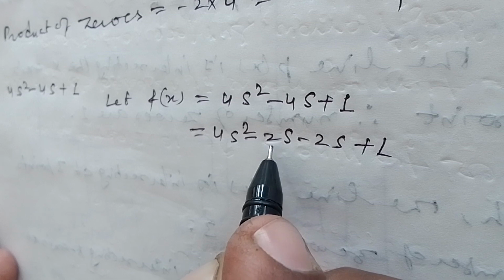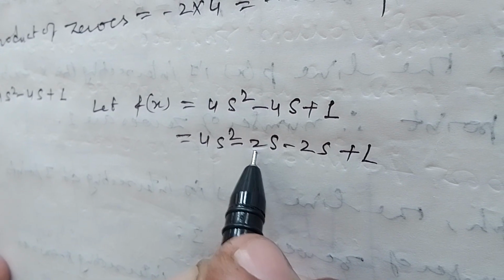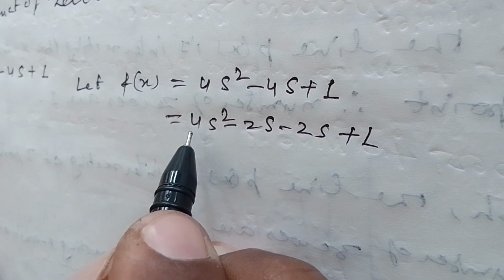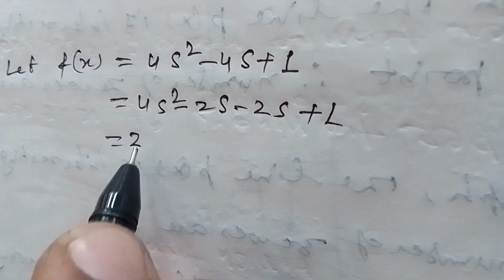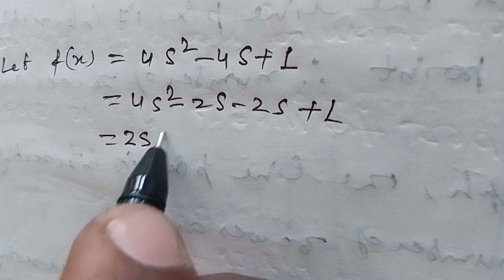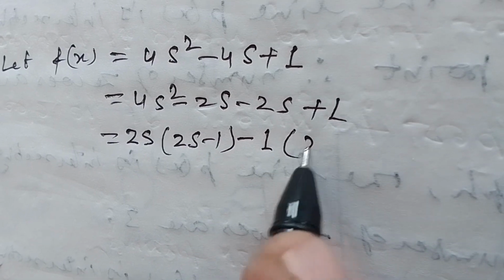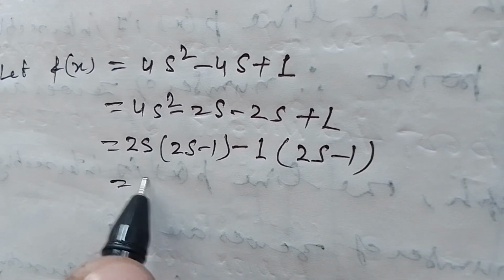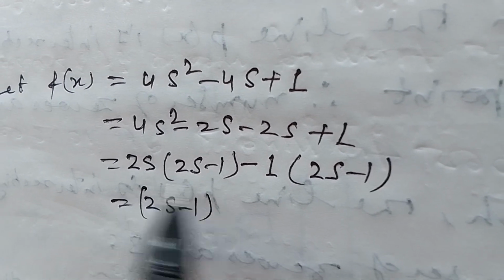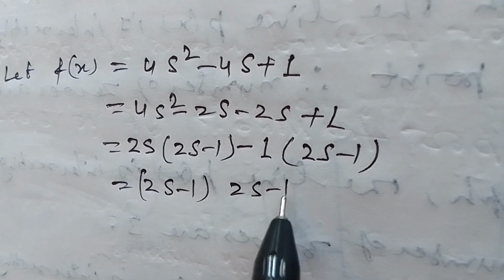The sum of these, minus 2x and minus 2x, comes out to be minus 4x, and the product of minus 2x and minus 2x comes out to be 4x square. Now we will break it further, taking 2x as common from the first two terms, so it comes out to be 2x(2x minus 1), again taking minus 1 outside, (2x minus 1). So two terms appear here, 2x minus 1 first, and the second term 2x minus 1.